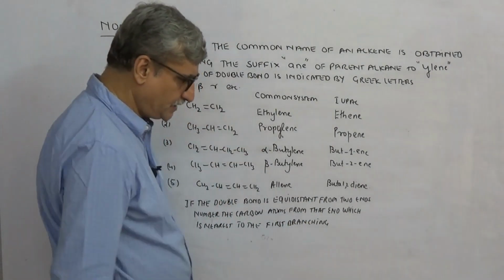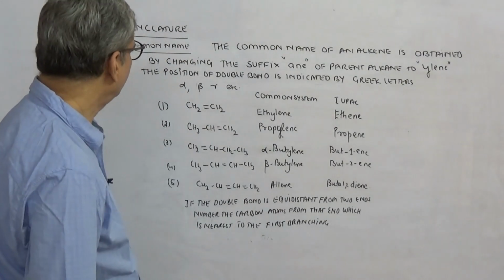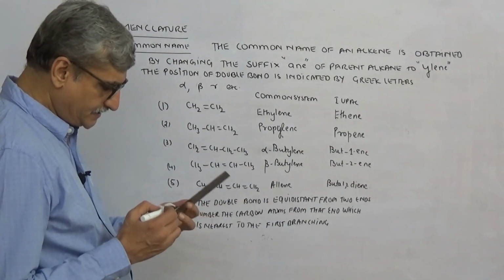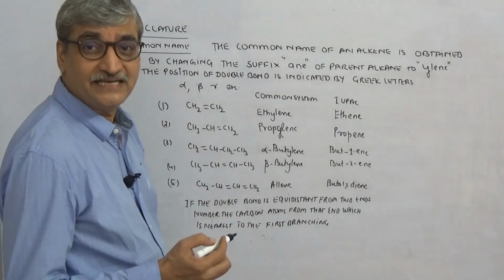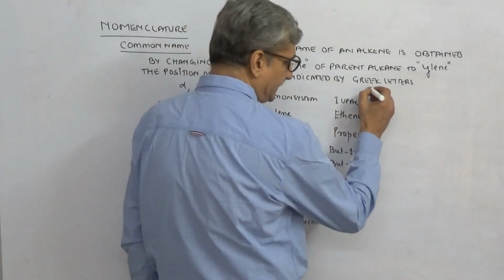From that end which is nearest to the first branching. So if you have finished this, then we will start with understanding what the radicals of alkene are.